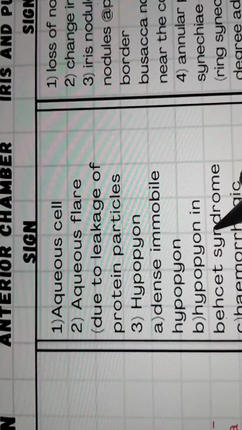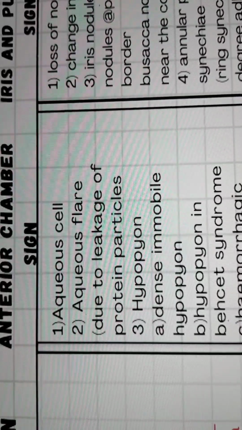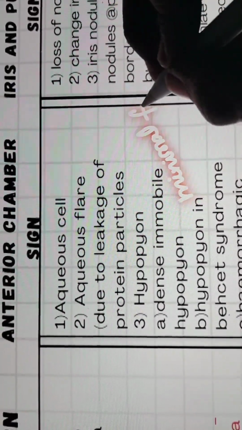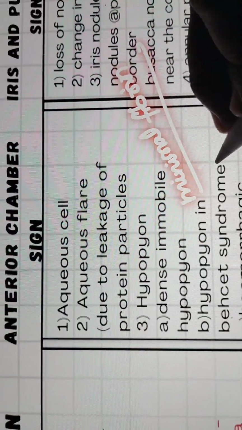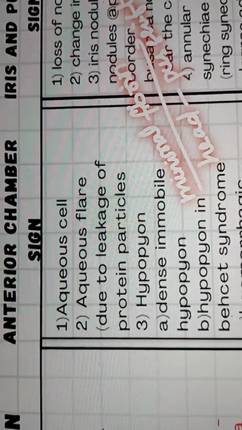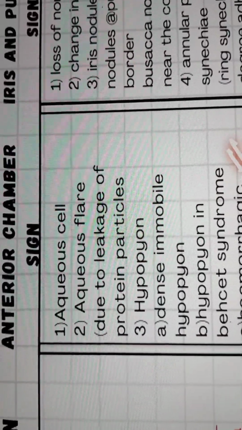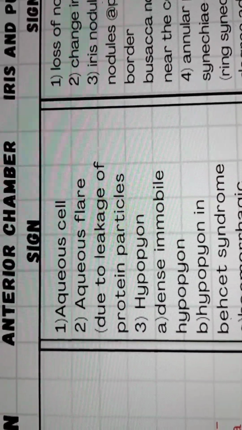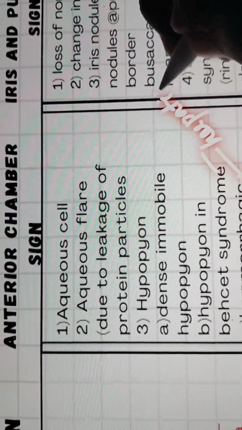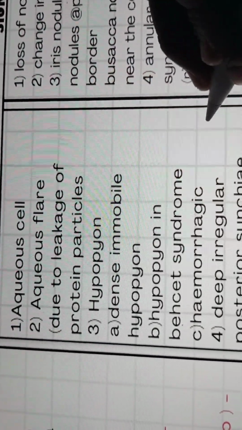And hypopyon in Behçet syndrome is also known as cold hypopyon because it has minimal fibrin, and therefore if you move your head, the pus will shift to the side of the head position, and it is quickly absorbable. And hemorrhagic hypopyon is usually associated with herpetic diseases, your trauma, and your iritis.